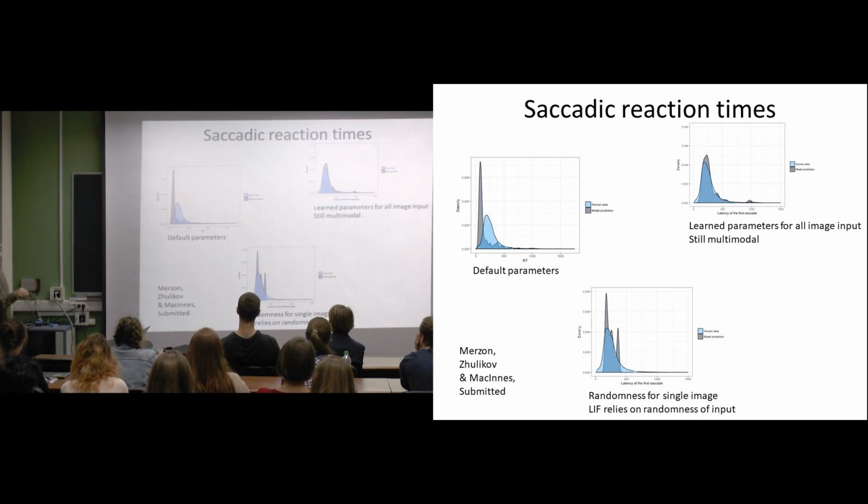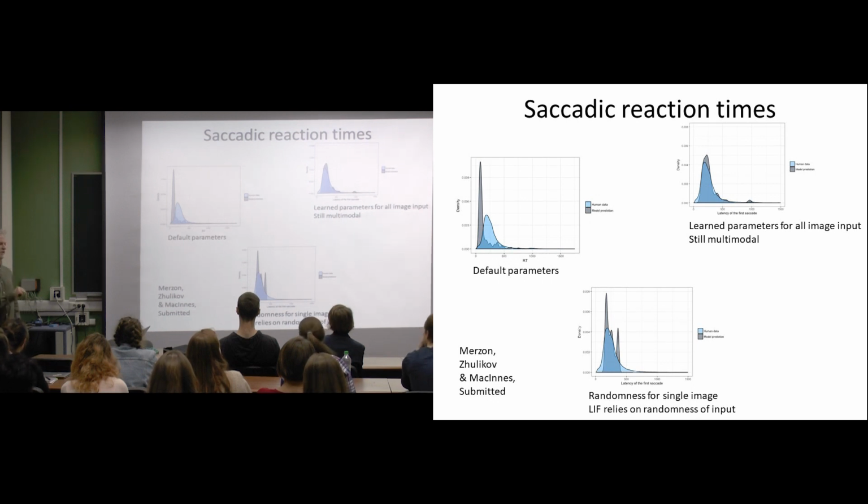If you look at the variance in just a single image, if we ask that leaky integrate-and-fire to make eye movement responses to a single image over and over again, we end up with a much, much worse distribution. So it really doesn't have a lot of variability in the firing rate itself.